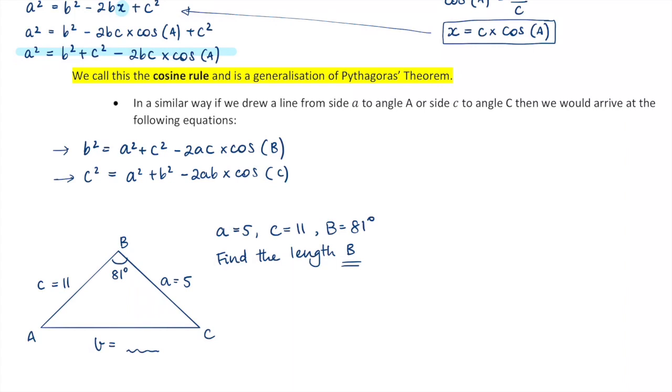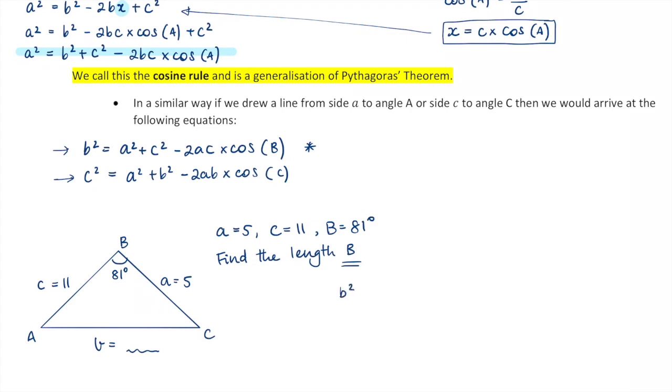So I'm going to let B equal B for this case. So to find the length B here, we're going to be using this particular rule here, which says b squared is equal to a squared plus c squared minus 2ac times cos of angle B. So that's quite a mouthful, so I'm just going to write this down now.